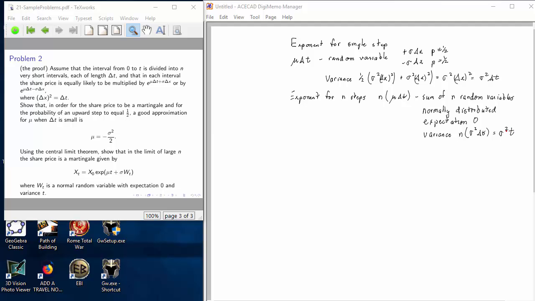So the exponent is mu t plus sigma times w sub t. By pulling out the sigma, I've taken care of the sigma squared in the variance, but I haven't taken care of the t, so I say where w sub t has variance t.